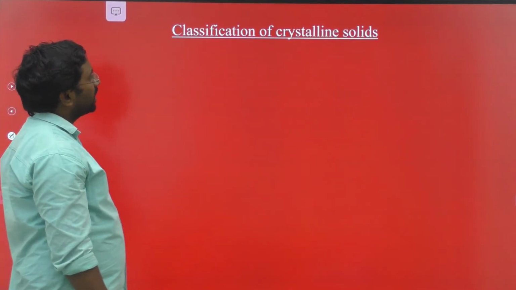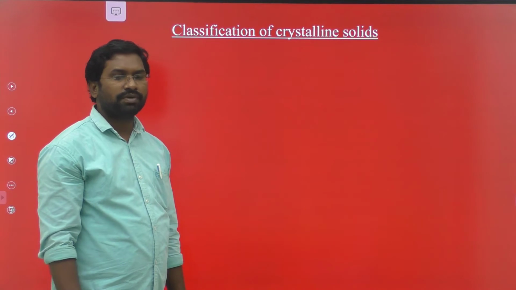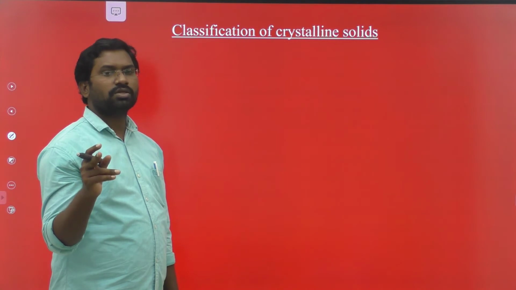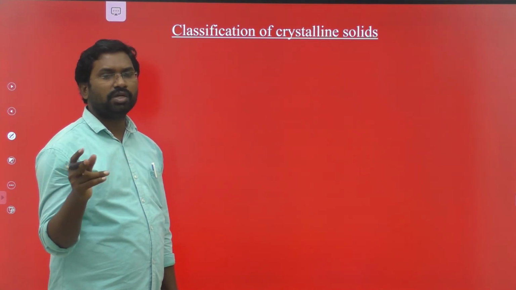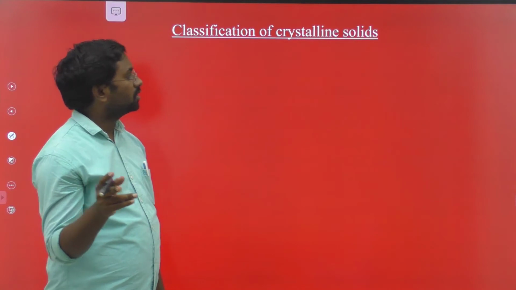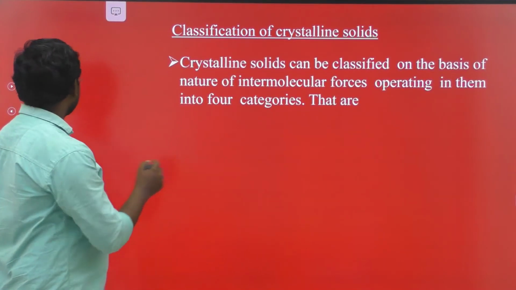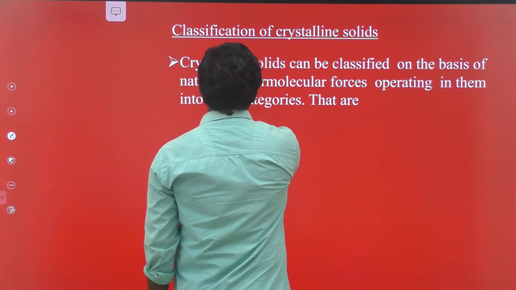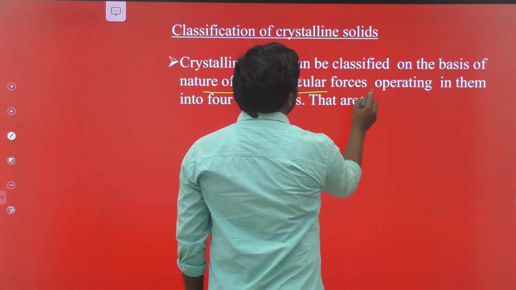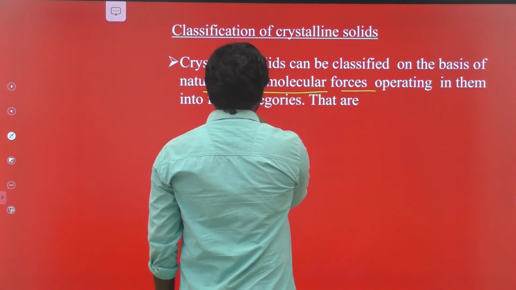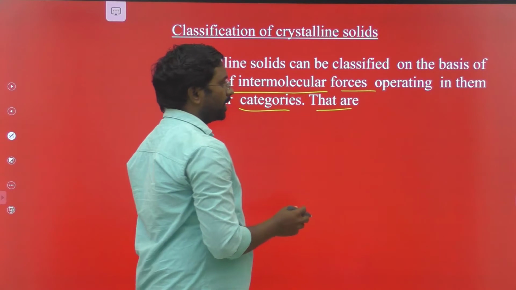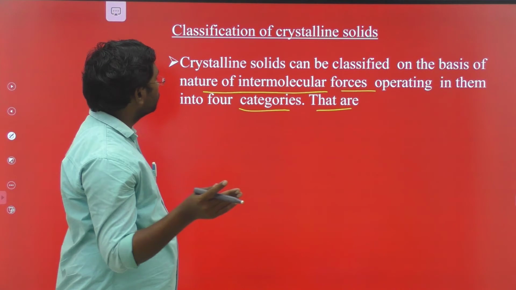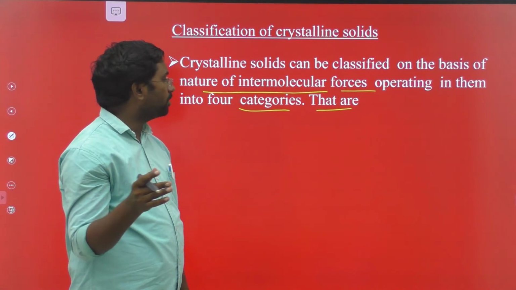Next one, crystalline solids are again classified into four types. The main classification is into two types, crystalline solids and amorphous solids. Crystalline solids can be classified on the basis of the nature of intermolecular forces operating in them into four categories. That classification is based on the intermolecular forces present between them.